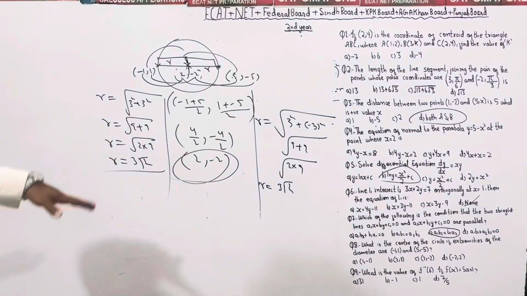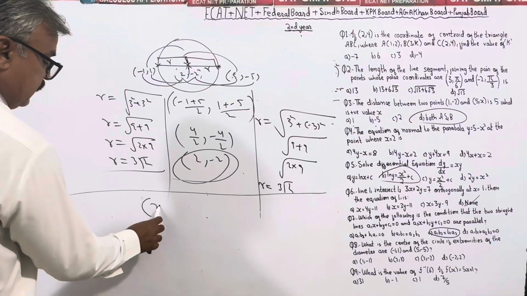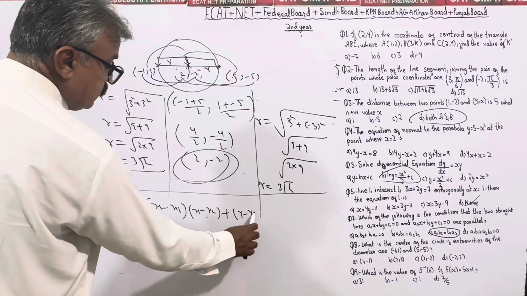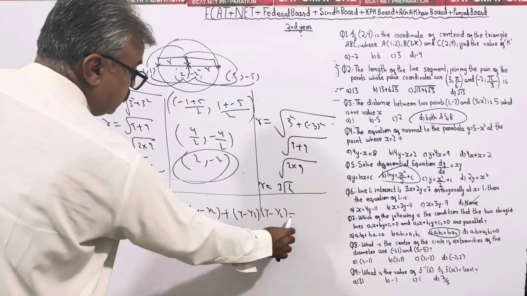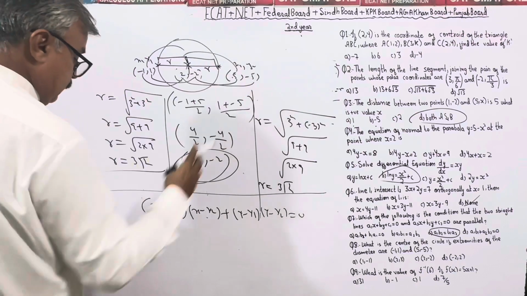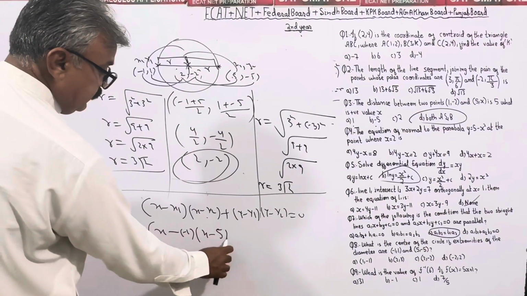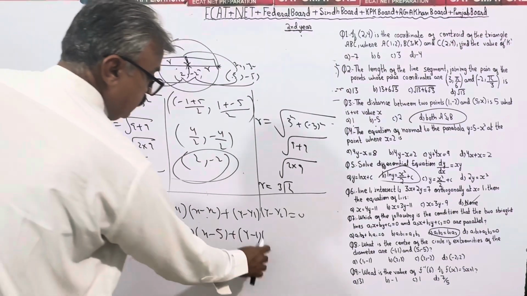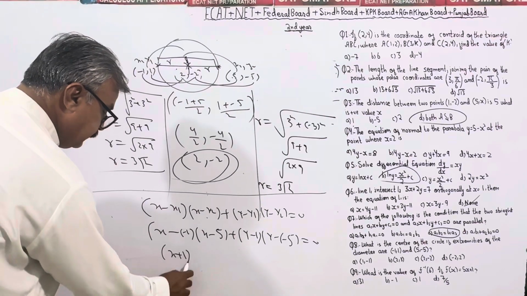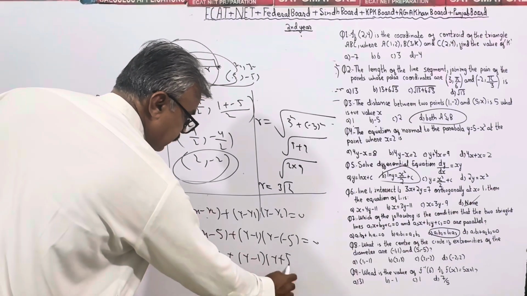Even when we are given the endpoints of a diameter, we can easily write the equation of the circle, that is (x - x1)(x - x2) + (y - y1)(y - y2) = 0, where this is our (x1, y1), and this is our (x2, y2). Check: (x + 1)(x - 5) + (y - 1)(y + 5) = 0.